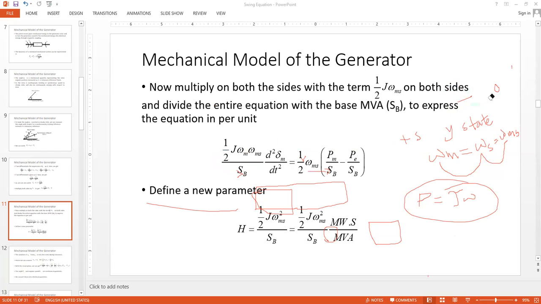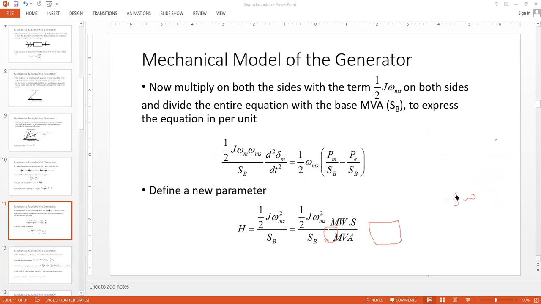Next, we do a little bit more manipulation. We again multiply by half omega ms on both sides, and we divide the entire equation on both sides by the base MVA.